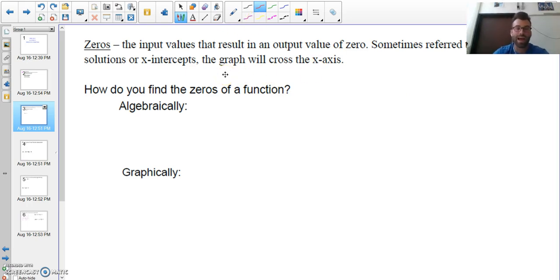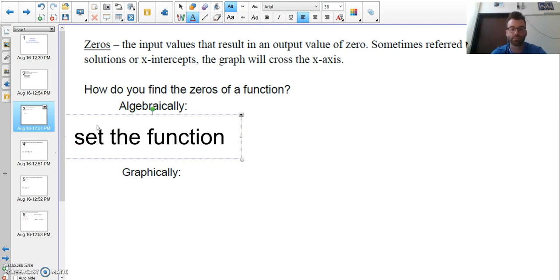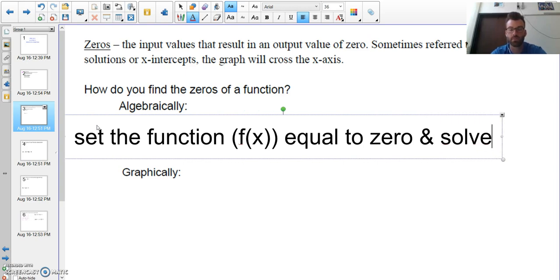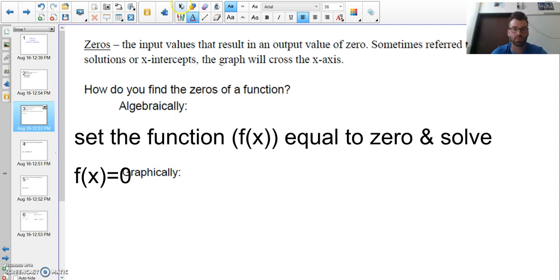So how do you actually find a zero? Algebraically, I'm going to set the function, which is usually f of x, equal to 0, and solve. So that looks like f of x equals 0, whatever your actual function is.